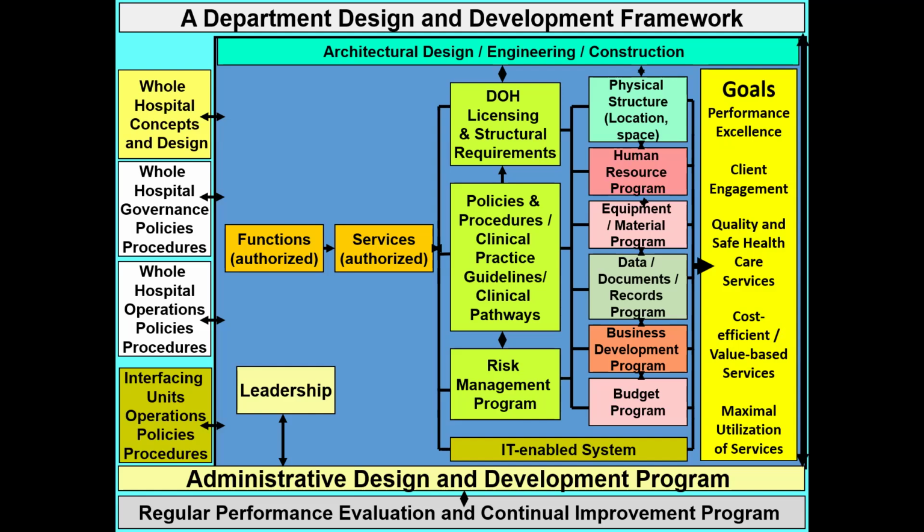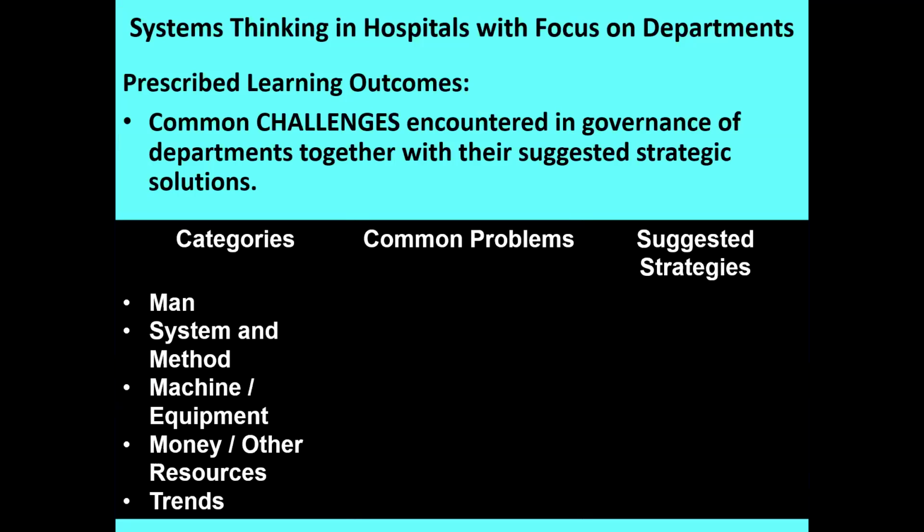All the contents here will be dependent on your particular department and also on your setting. Common challenges encountered in the governance of departments: just remember this starting table with the 5 categories: man, system, methods, machine, equipment, money, and other resources, and trends in medical sciences, etc. And then try to recall the more common problems under each category.